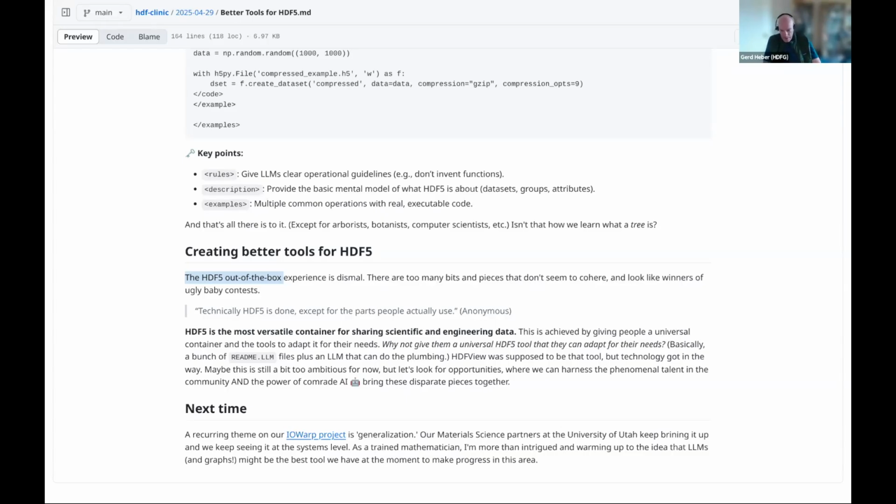Anyway, I'm going to answer any questions there might be in a moment, but I'm already thinking ahead. So a lot of this thinking about LLM related themes comes up in our IO Walk project. If you're interested, I put a link here. And one of the things that keeps coming up on the science side, so we have material science partners here from the University of Utah, and it comes up on the system side, there's always this question about generalization.